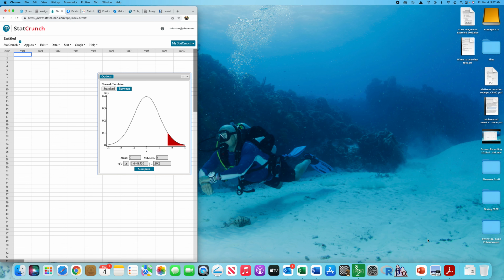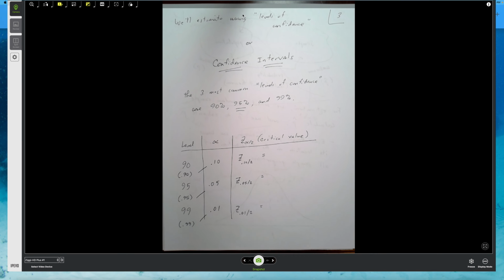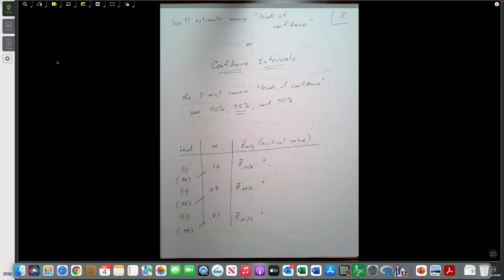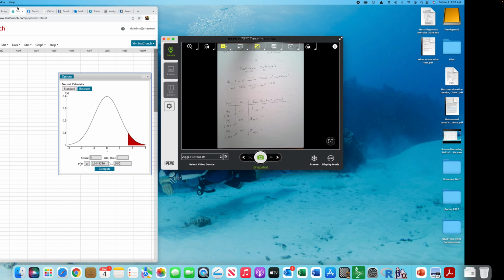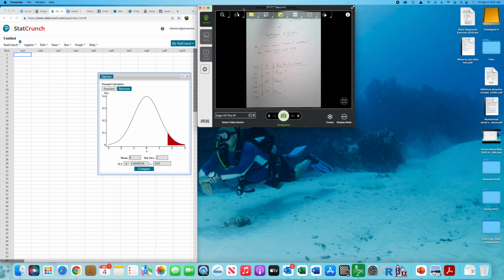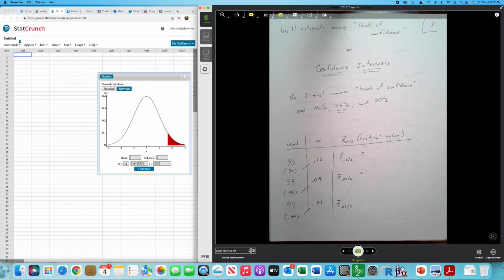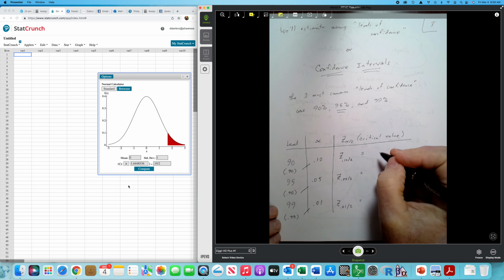This will be much better. Let's go split screen here. All right, so the z critical for a 90% is 1.645, let's call it.